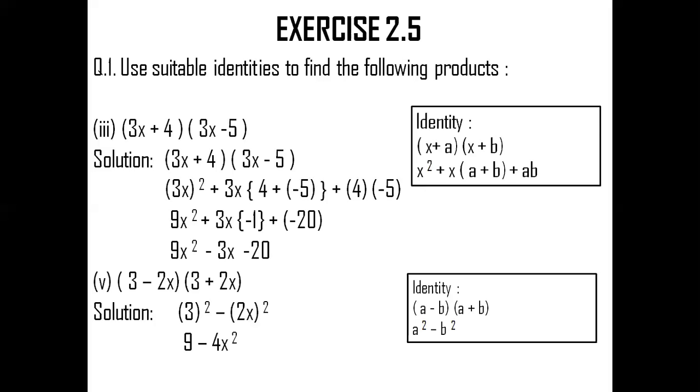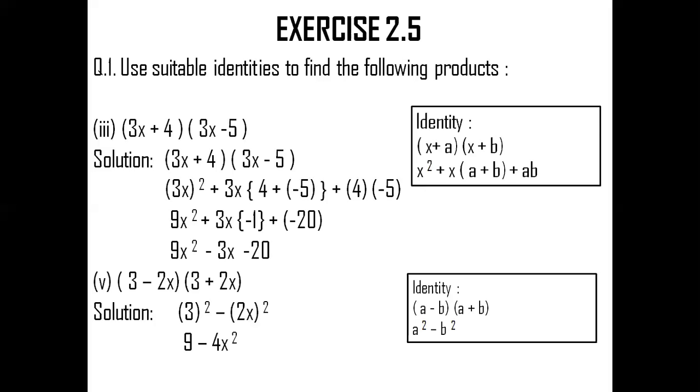But the first bracket has minus, that is 3 minus 2x, and the second has 3 plus 2x. So which identity shall come into play? Yes, (a - b)(a + b), which is actually equal to a squared minus b squared.